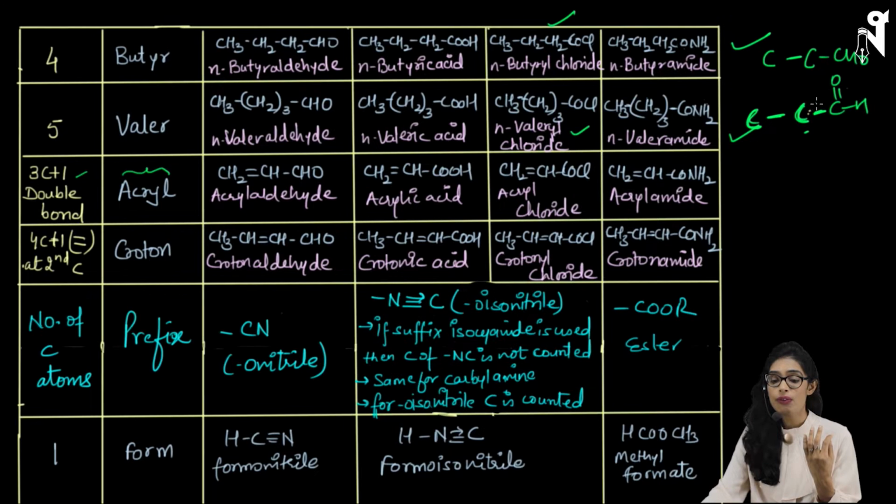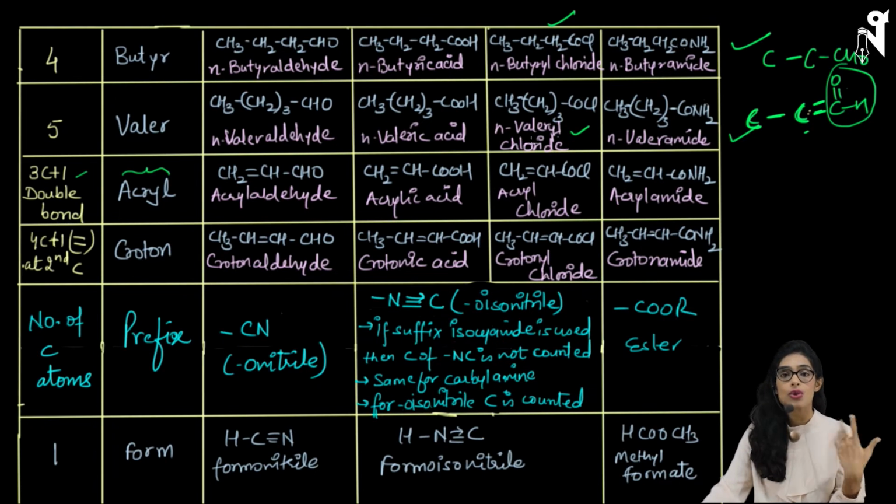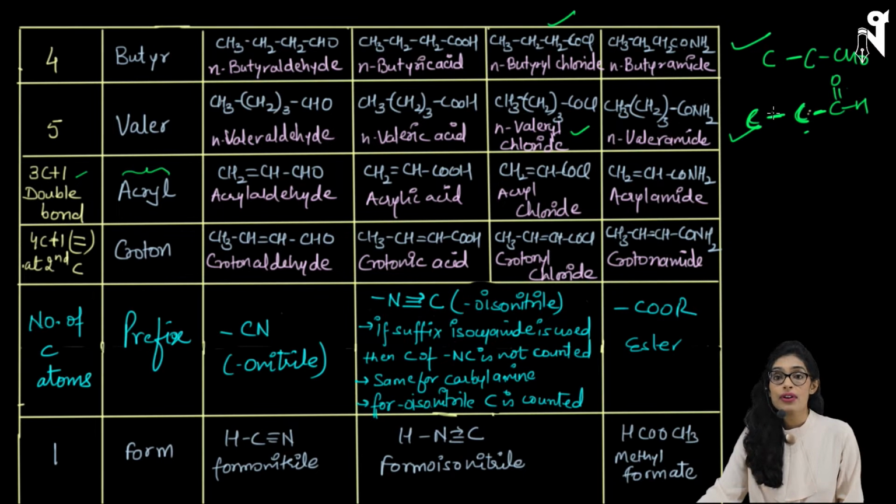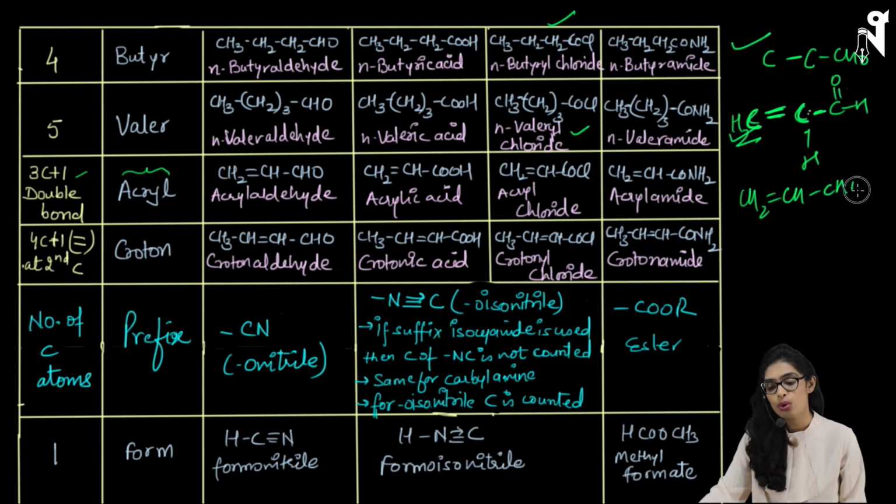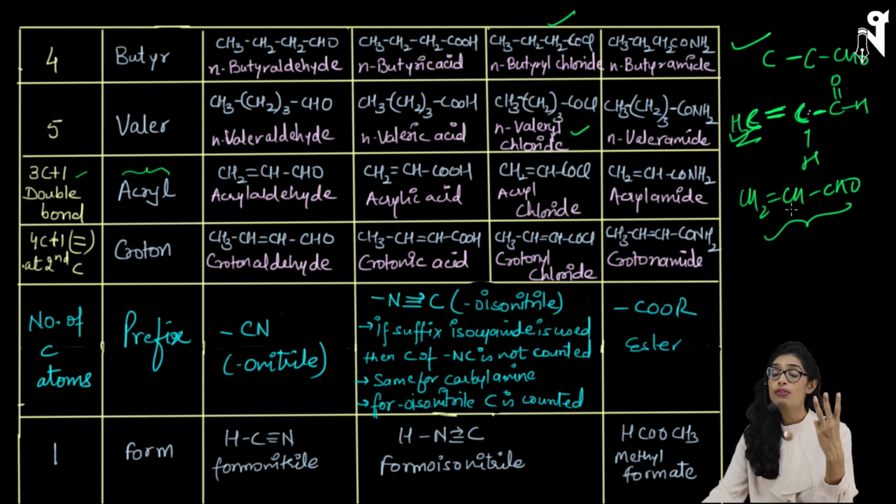So the double bond cannot be formed over here, because in that case the valency of this carbon will become 5, which is not possible. So that's wrong. And the only place where we are left to put a double bond is this. Now fulfill the valencies. This will be CH2 and this will be CH. So the compound will look like CH2 double bond CH single bond CHO. That means the total number of carbons is 3 with 1 double bond present in it, that kind of aldehyde.